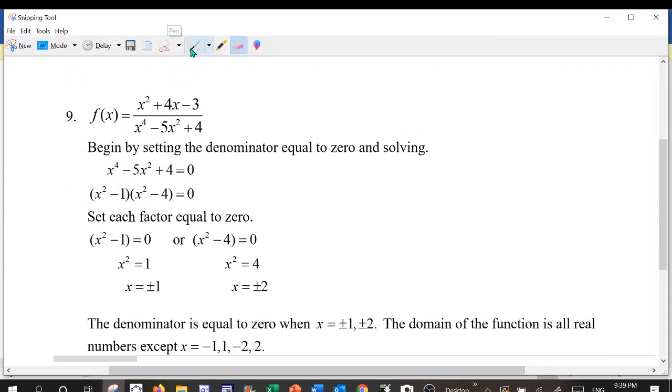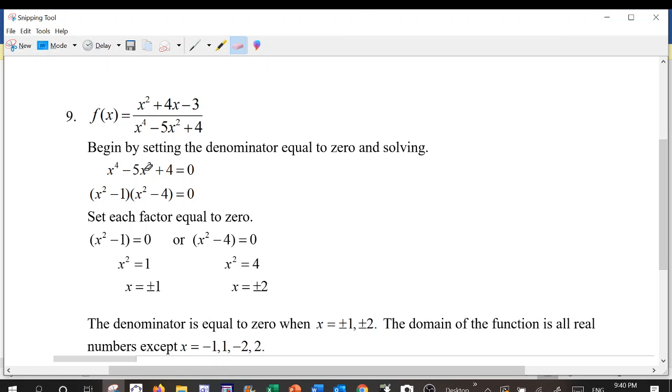So for number 9, let me move my microphone down a little bit. All right, so we have to figure out what makes the denominator 0. So what do we have to do? We have to set it equal to 0, as you see over here.